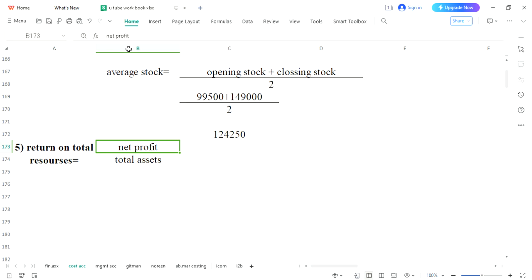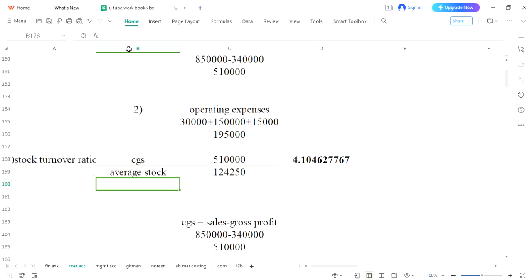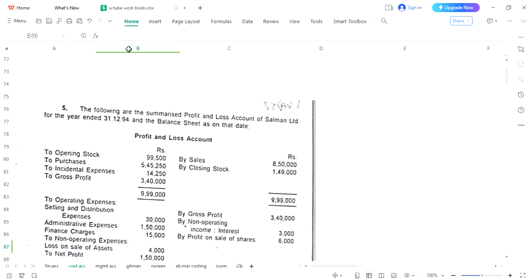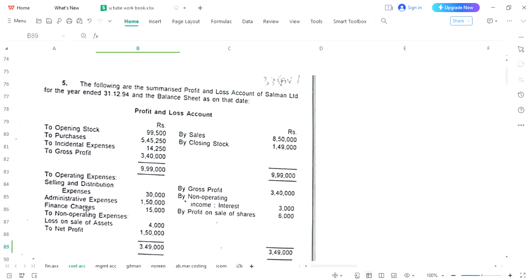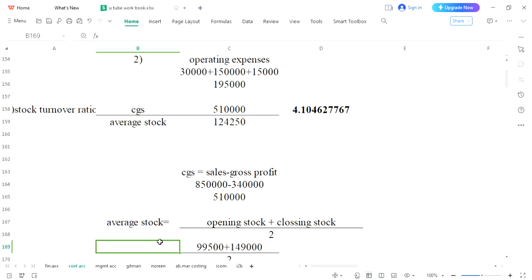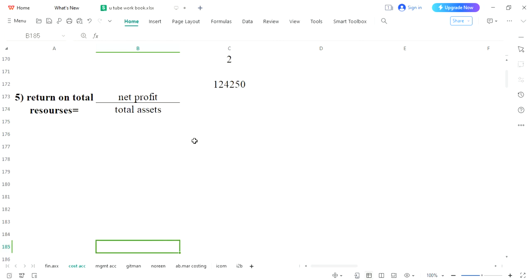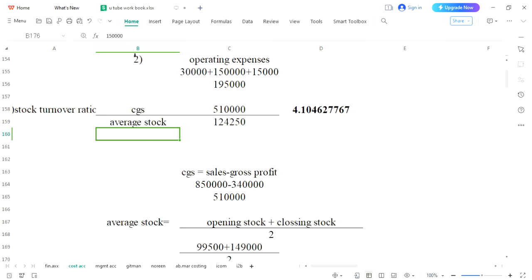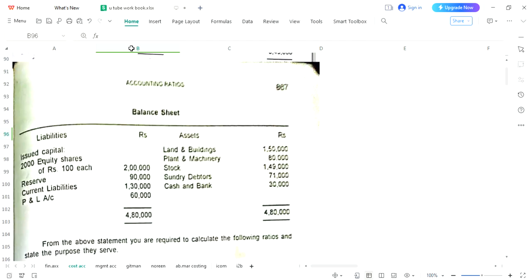Now we need to have our net profit. What is easy in this question? Everything is given. Look here, net profit is already available. You do not need to calculate it. So 150,000 net profit is already available. Here just put 150,000. And the next thing is total assets. Can you believe these total assets are already available?